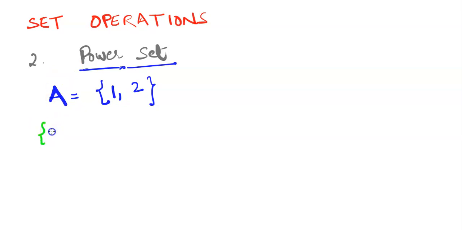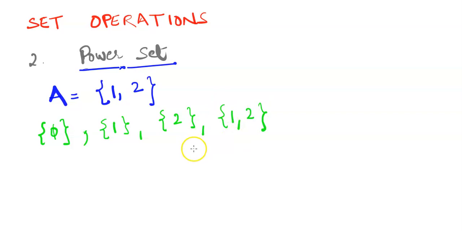Phi is a subset of A, {1} is a subset of A, {2} is a subset of A, and {1, 2} is a subset of A.